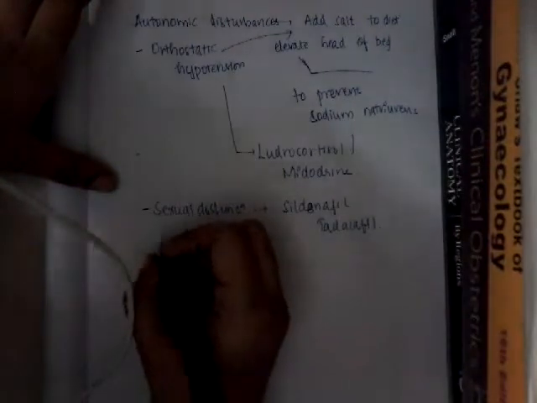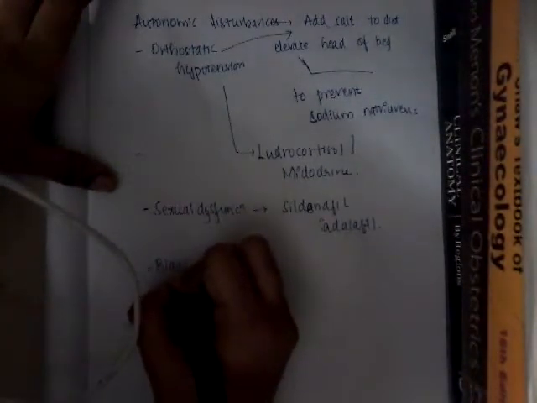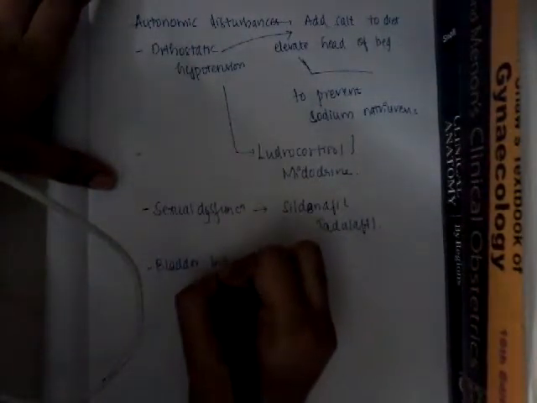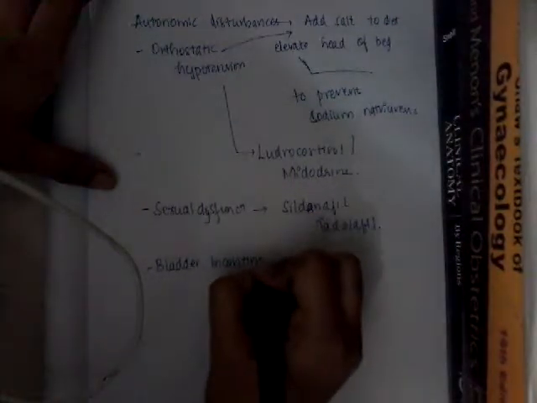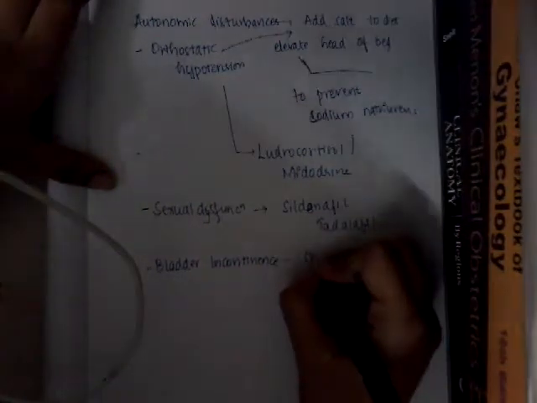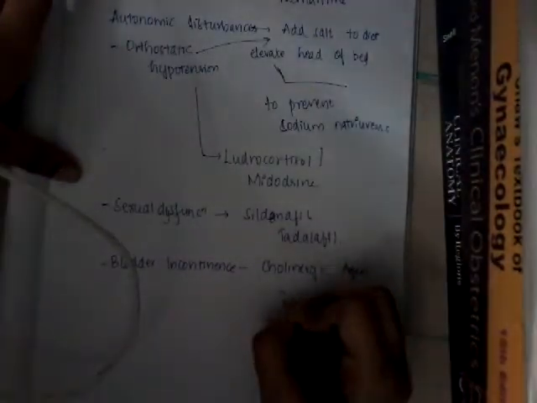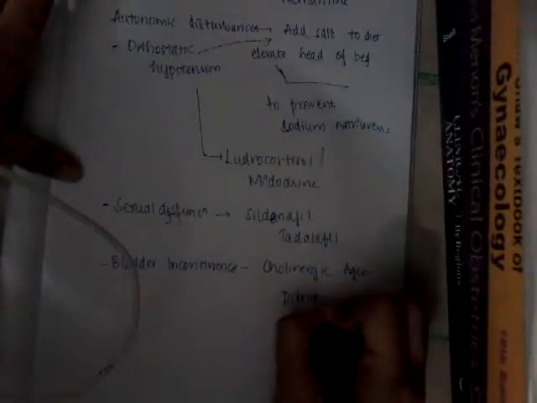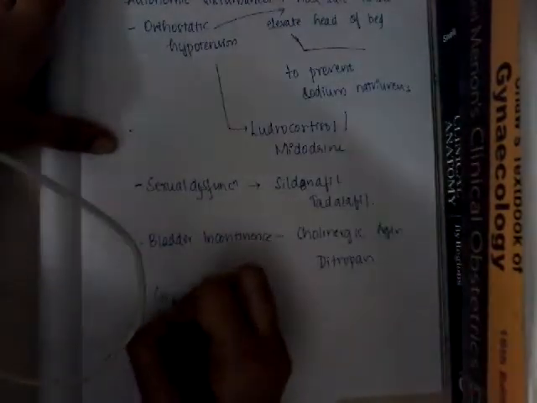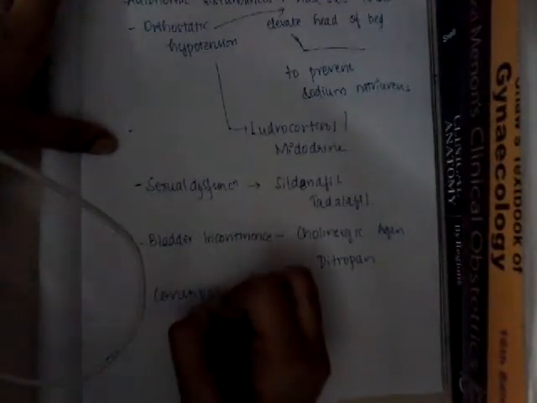And if there is bladder incontinence, for treating it, you can use a cholinergic agent like ditropan. If there is constipation, then you can use mild laxatives.